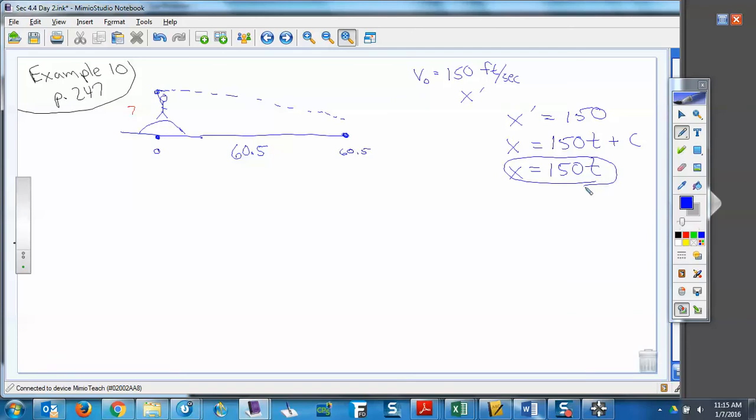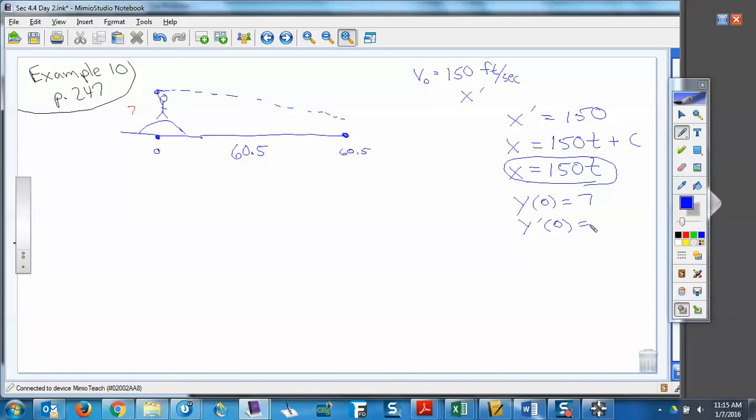Now what do we know about vertical? When the ball is released, what do we know about y? Do we know its y position? We know at the time it's released, its y position is 7. Do we know anything about its y velocity, which would be y prime? At the instant that it's released, what's its vertical velocity?